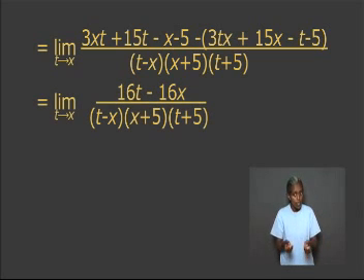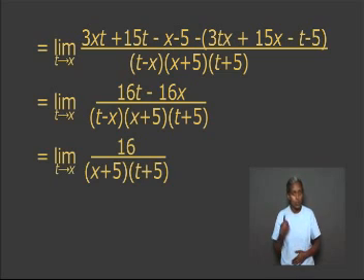Many of the terms in the numerator cancel each other. The expression therefore simplifies to the limit of (16t minus 16x) over (t minus x) times (x plus 5) times (t plus 5) as t approaches x.